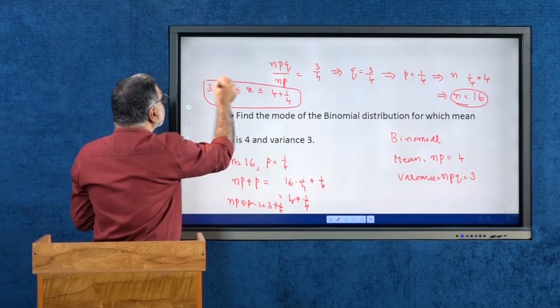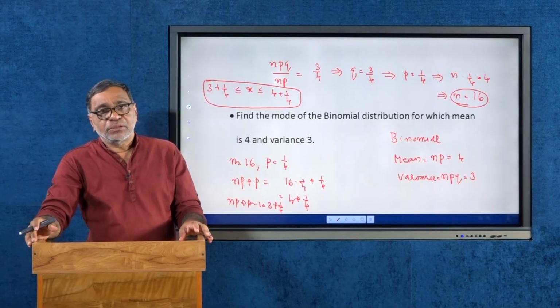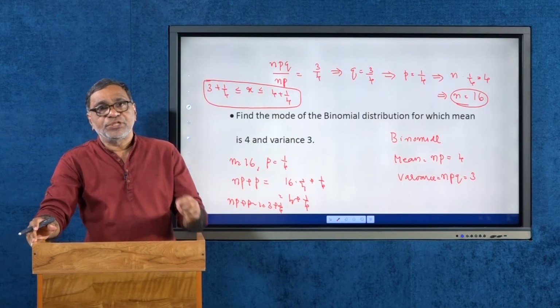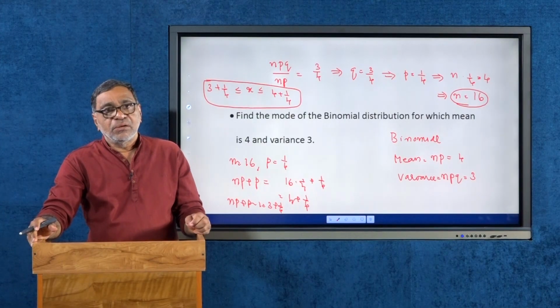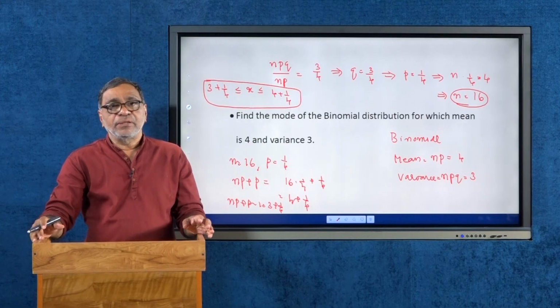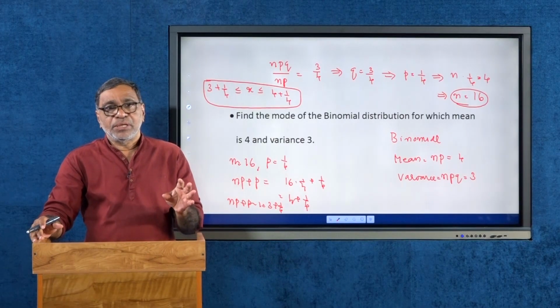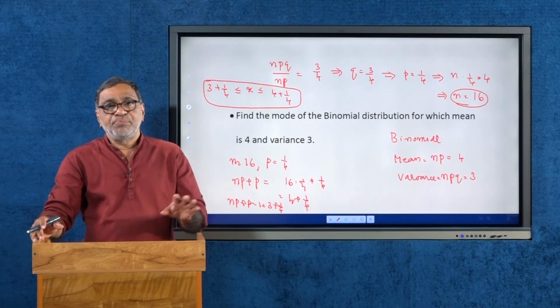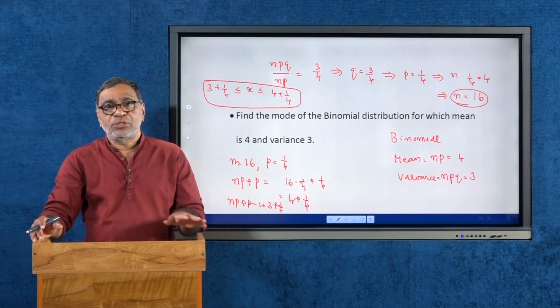So, this is the property of the mode, that is for the binomial distribution for which mean is equal to 4 and variance is equal to 3. First of all, we find the parameters n and p by solving the equations np is equal to 4 and variance npq is equal to 3.